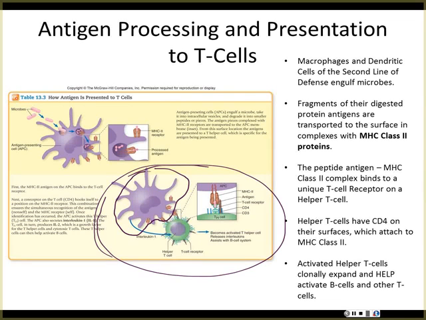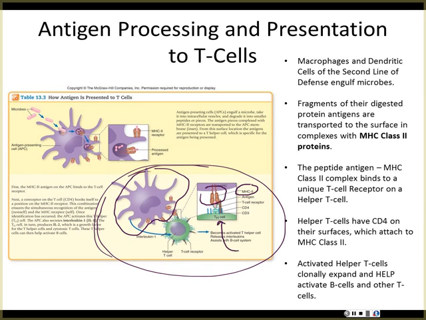So those cells have to digest a microbe first, chop up its antigens, these molecules, into little pieces. They display them on their surfaces inside proteins that are called MHC class II proteins. Those are antigen-presenting proteins.